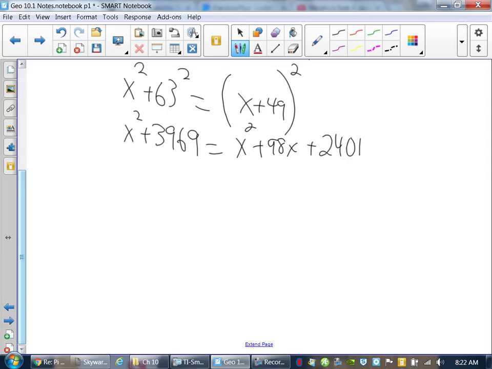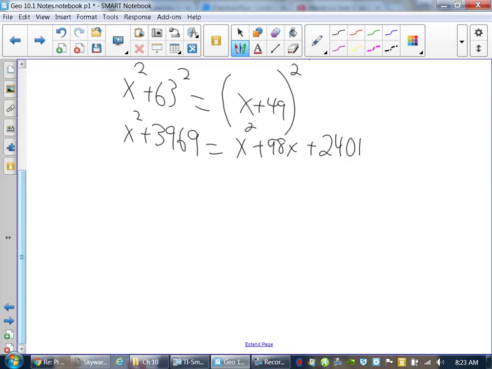Now, if you take a look at what we have now, we have variables on both sides of the equation. When you have x squared terms, think back to algebra from last year, you want to move them first. What happens when you have x squared on both sides? They just go away, don't they? Because if I subtract x squared to the right or to the left, it becomes 0.